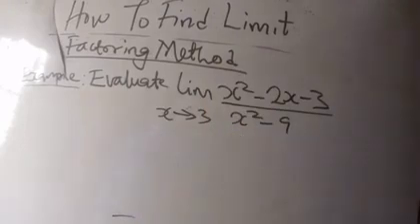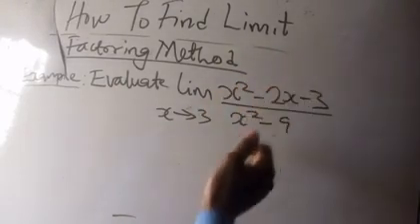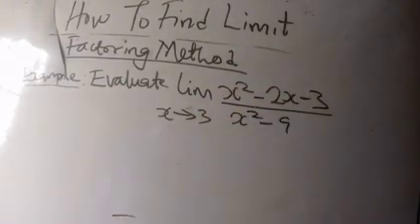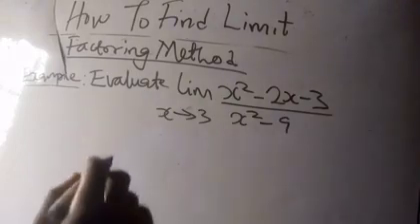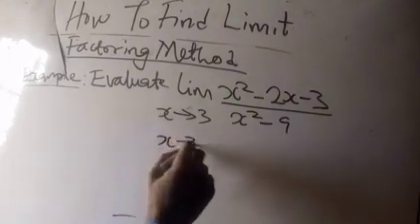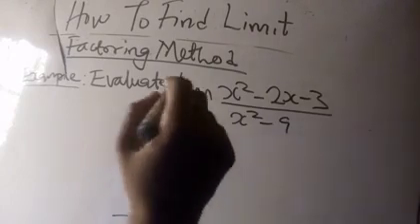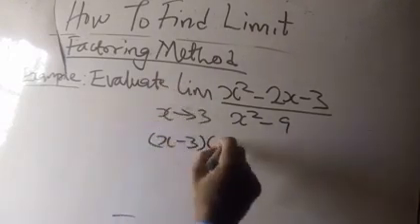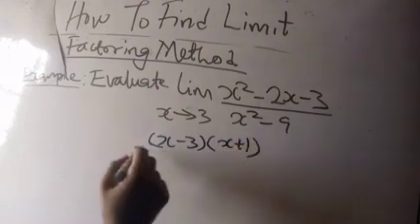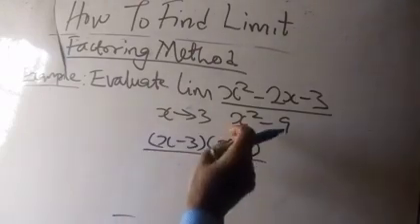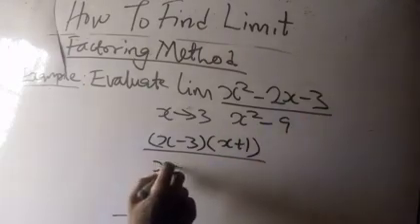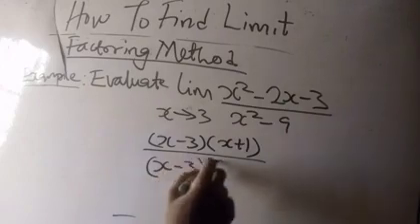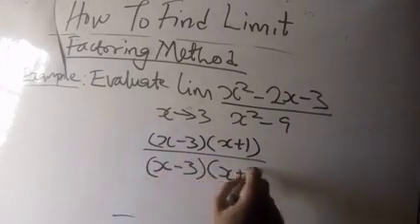If we factorize the numerator and the denominator, the numerator gives us x minus 3 times x plus 1, divided by, this is a difference of two squares, which gives us x minus 3 times x plus 3.